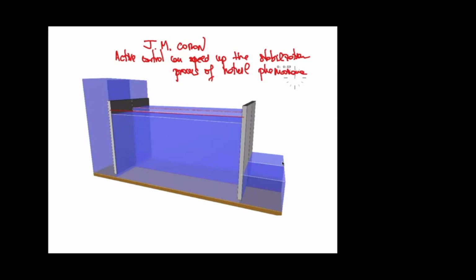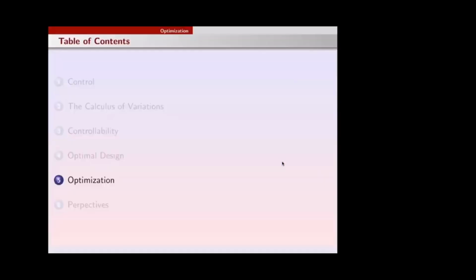So you see again, I have brought this simulation here because it has to do with control, and in this case, control of water fluid mechanics.